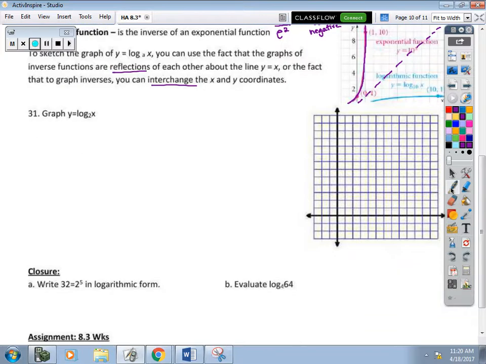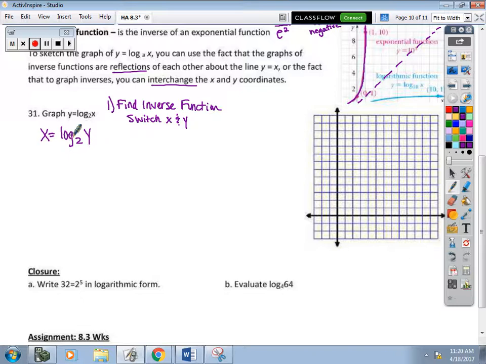So the first thing we're going to do down here is find the inverse. Remember, to find an inverse function, we switch x and y. So this would become x equals log base 2 of y.